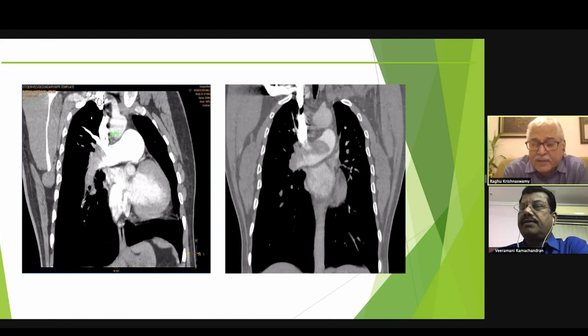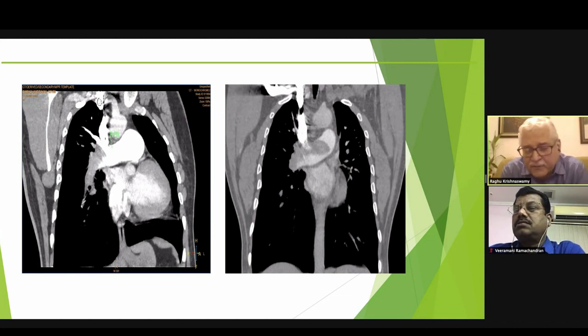Unfortunately, when he landed there, they refused to admit him because that particular hospital did not entertain COVID patients. And this patient was thought to be COVID positive because of what they felt were ground glass opacities in the CT. So he next went to another hospital where they hospitalized him.